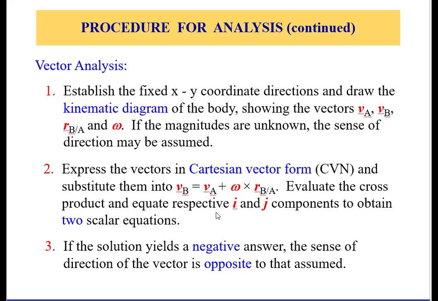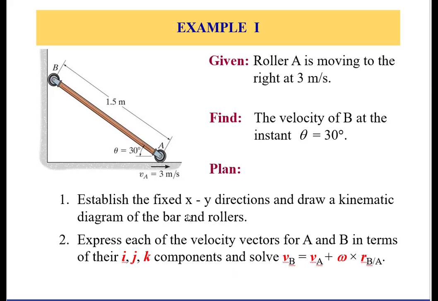If the result for the angular velocity turns out negative, it means you have chosen the opposite of what you assumed in the first sketch, and then you say that the orientation of the angular velocity is opposite. Let's take an example and make it more clear.